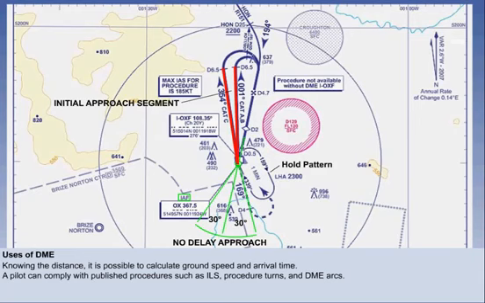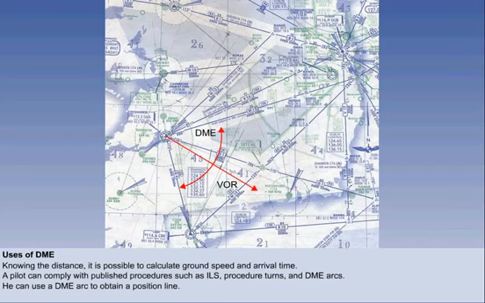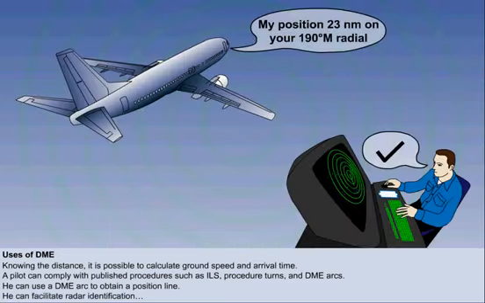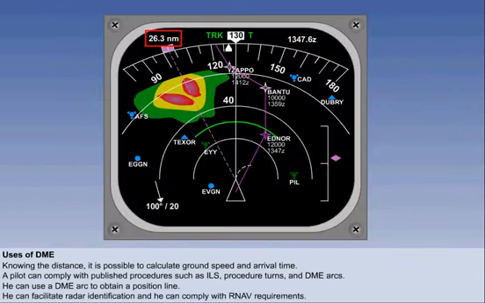He can obtain a position line by using DME as a circle with the equipment in the centre, or use a VOR radial with the DME to get an exact position. It facilitates radar identification when the pilot reports his VOR DME position, and he can comply with area navigation requirements.